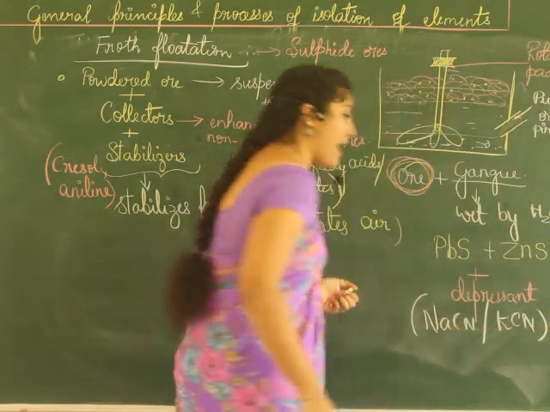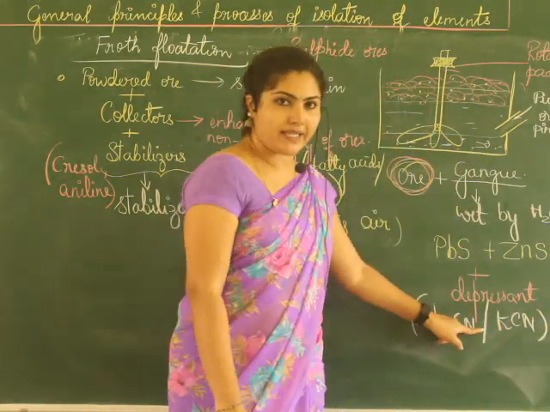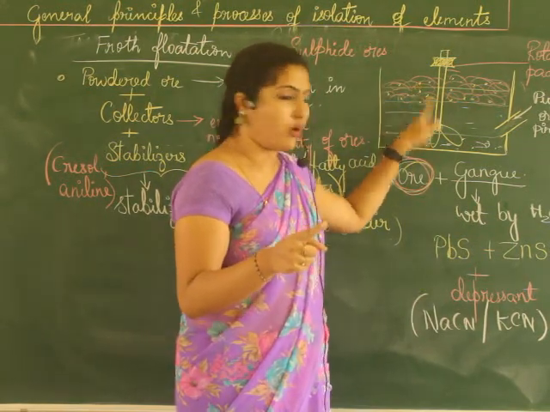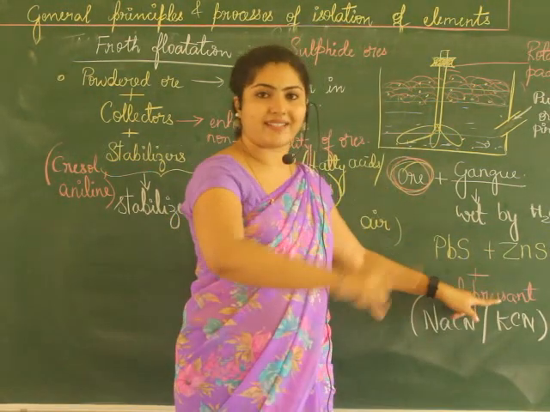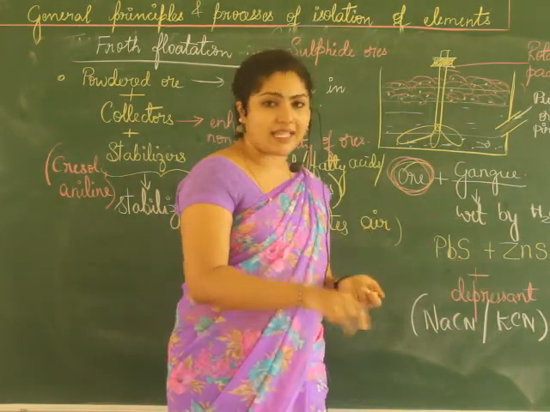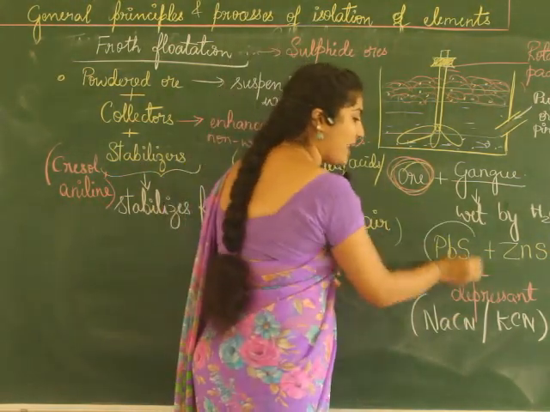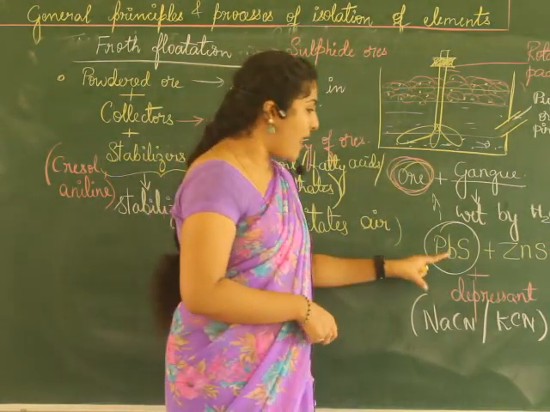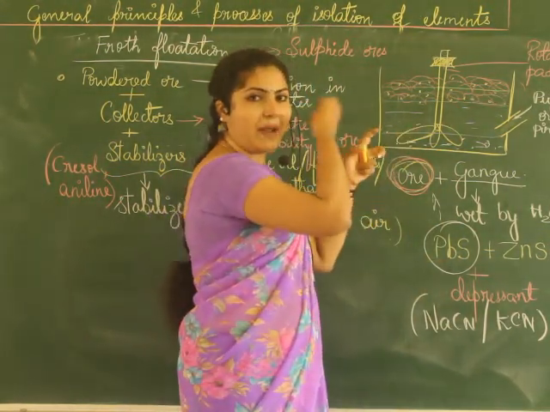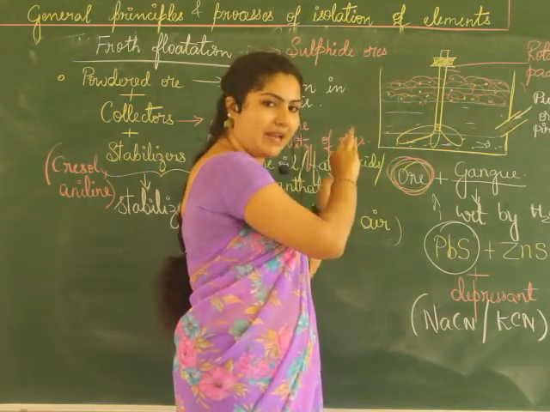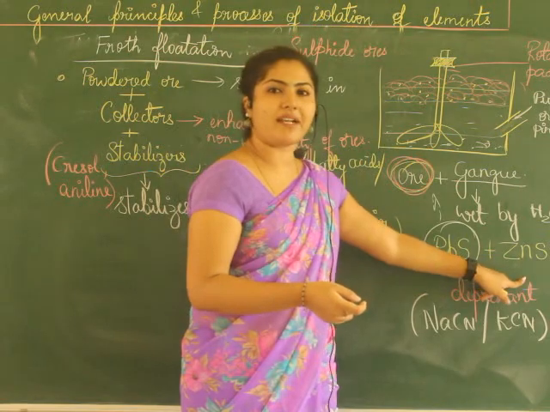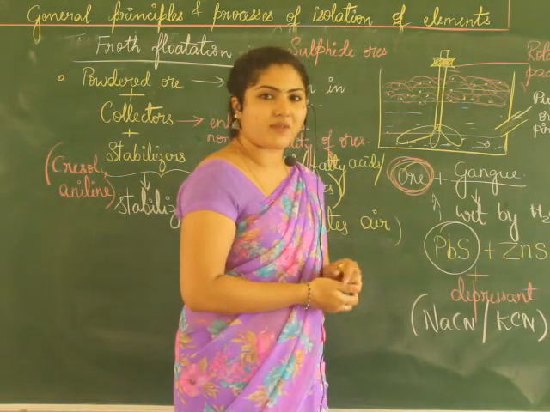The depressant will say lead sulfide only can go into the froth, but zinc sulfide should stay there itself. So zinc sulfide stays in the solution itself, whereas lead sulfide rises along with the froth. Then lead sulfide, the particle you can skim off, separate it, dry it. Now after that you can separate zinc sulfide by the same procedure.